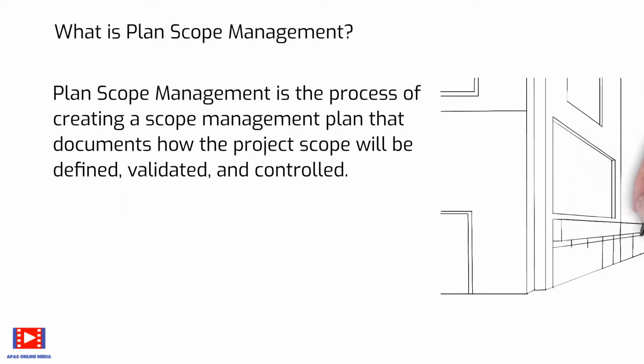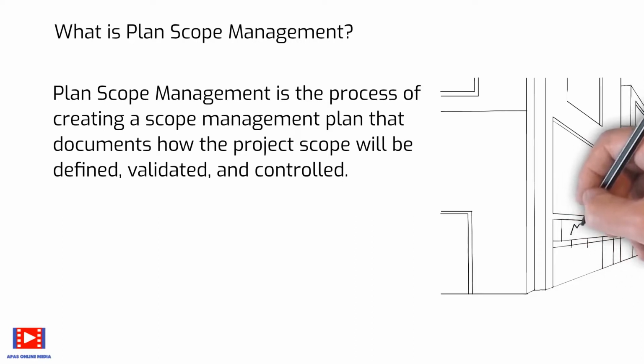The scope management plan is a component of the project or program management plan that describes how the scope will be defined, developed, monitored, controlled, and verified. The development of the scope management plan and the detailing of the project scope begin with the analysis of information combined in the project charter.